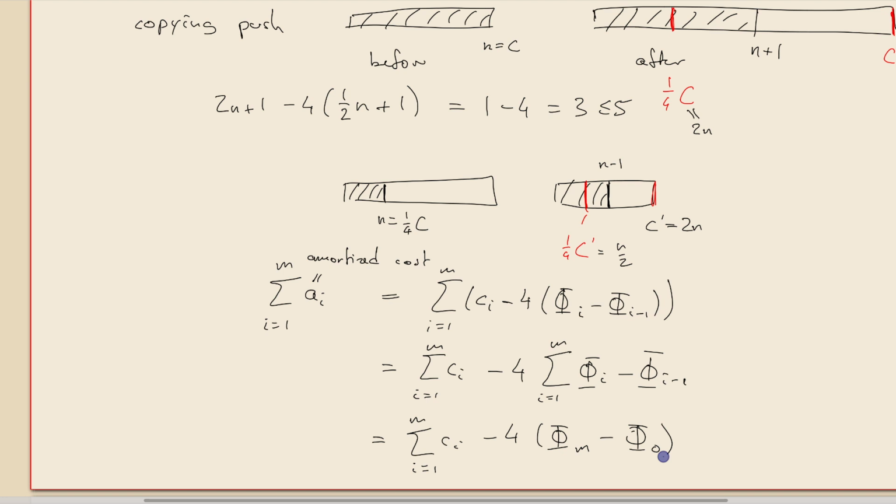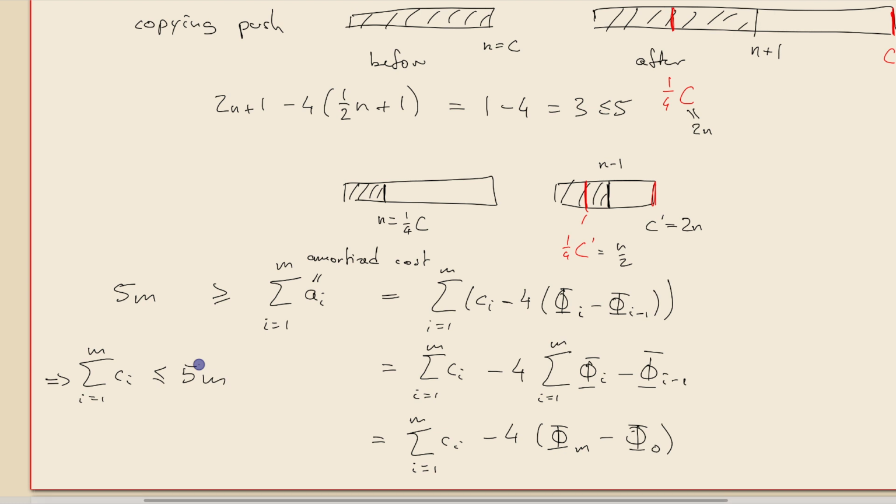That's one side. But we've also upper bounded the amortized cost in each case by 5. So this sum is at most 5 times m. Okay? And so if you take this inequality and rearrange it so that you get the sum of the actual cost on one side, then that's at most 5m plus this part.